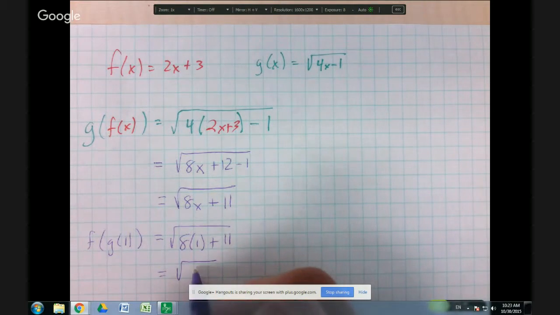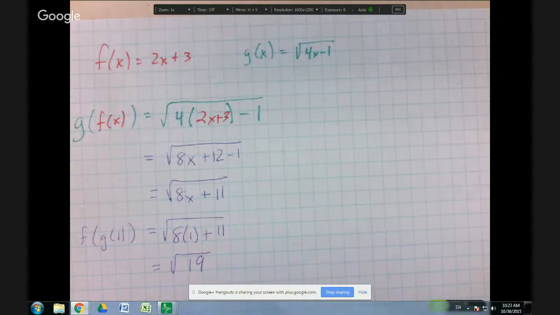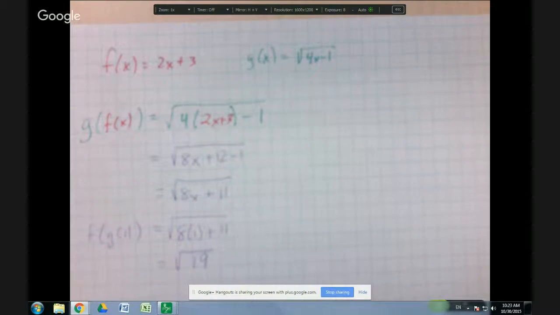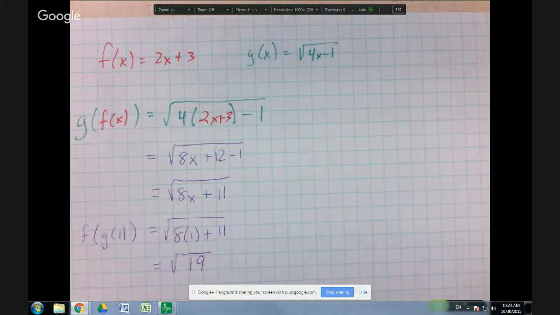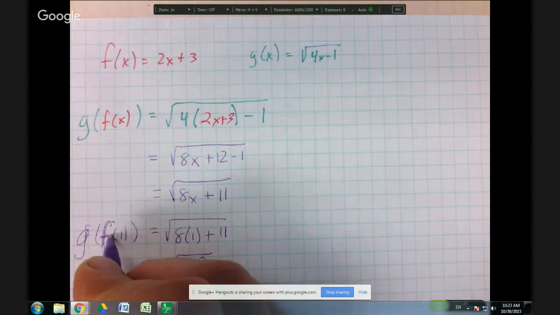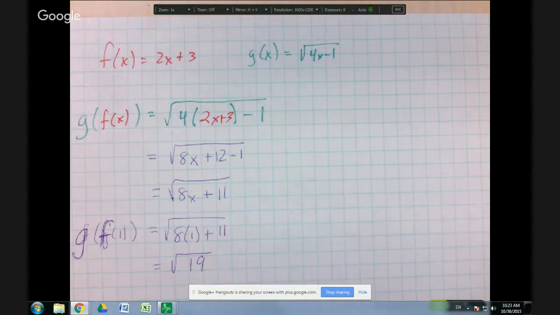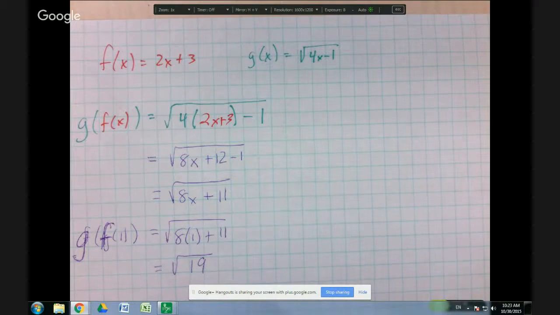The square root of 19. Yeah, that's what I'm trying to figure out. The square root. Well, it has to be now. Oh, sorry. That would be my fault. See, that's that. Got kind of in a pattern there.